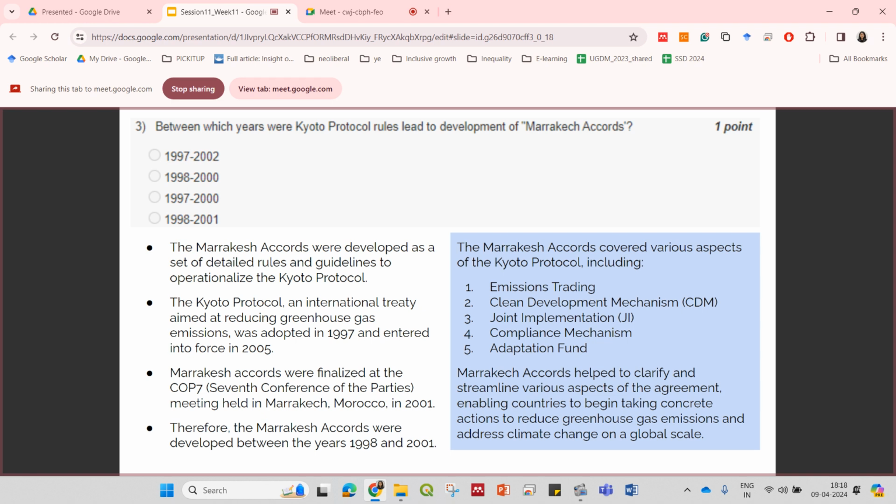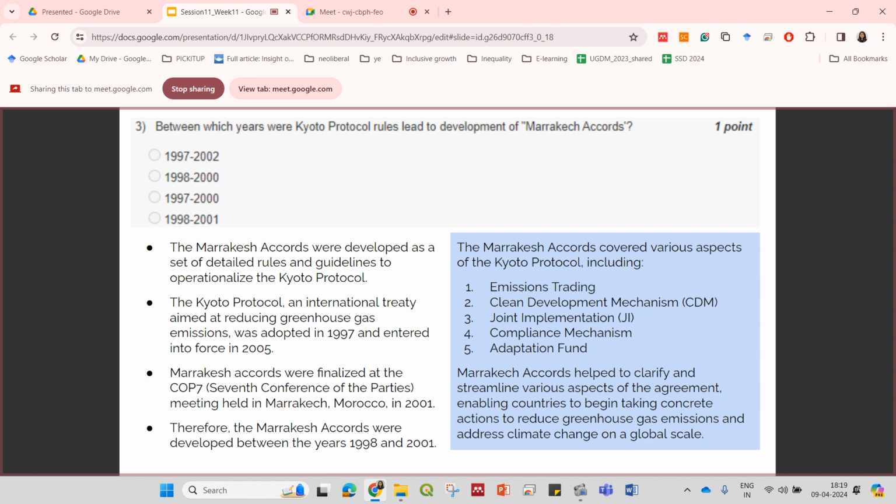And last is the adaptation fund. So instead of just developed countries providing financial assistance to developing countries, a provision for an adaptation fund was set up, which created a more formal mechanism of this kind of assistance from developed countries to developing countries for climate change adaptation and mitigation.